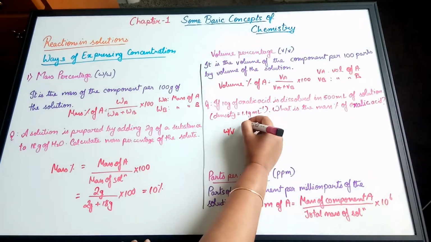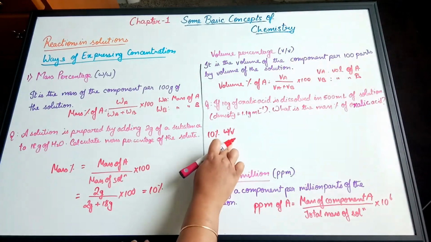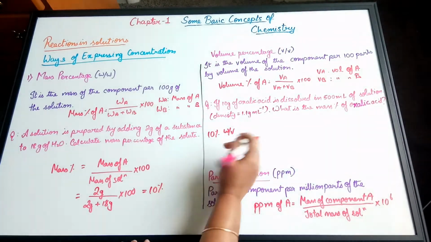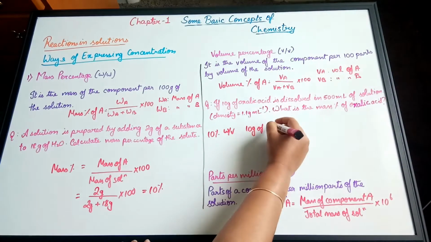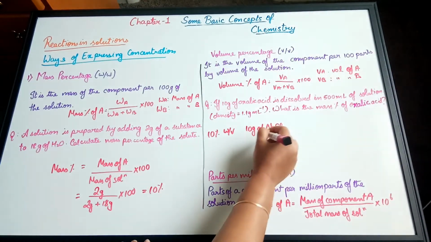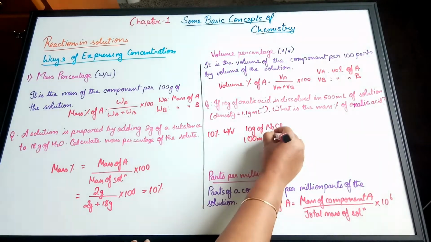Let's assume you have a 10% W by V solution of NaCl. Here it means that 10 grams of NaCl is present in 100 ml of the solution.